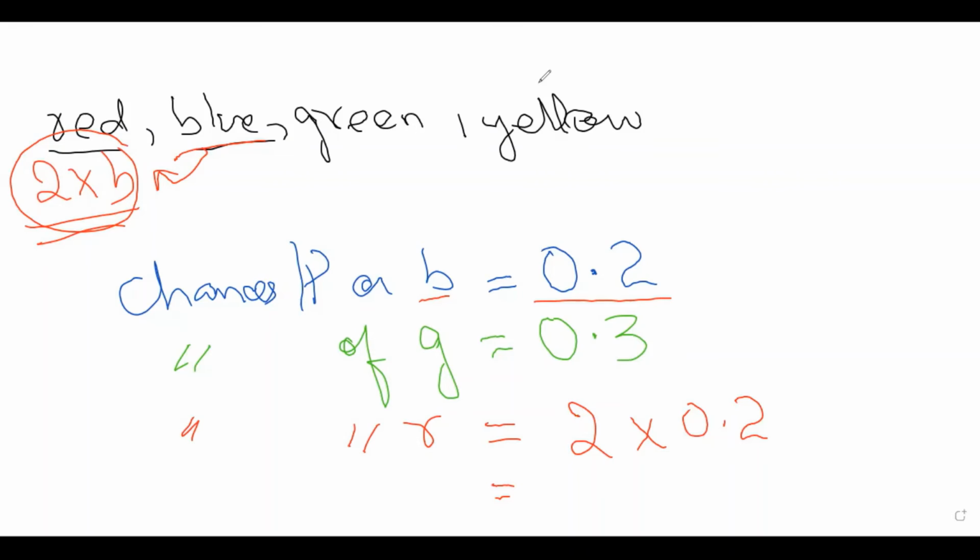Red is 0.4. A student says it is also adding 0.1, because blue was 0.2, then green became 0.3, so it's adding 0.1.